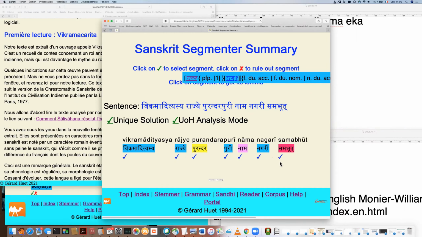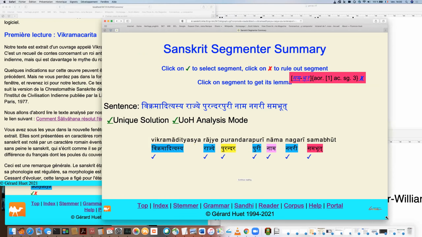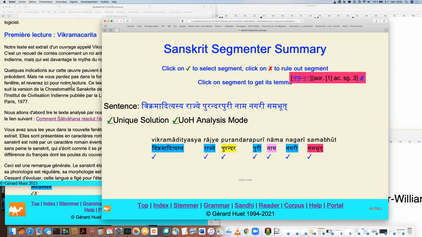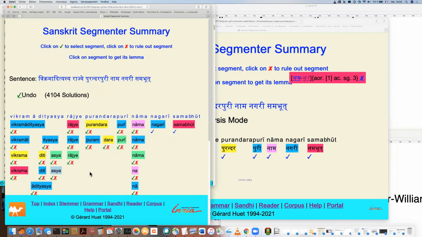Here, Samabu, this is a form of root bu. Bu is to become, and now bu is prefixed by this preverb sam, and here if you click you get to bu, but you don't have a direct access to Samabu.